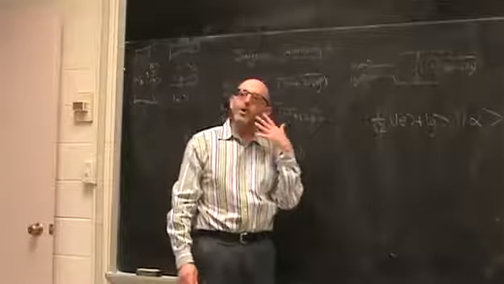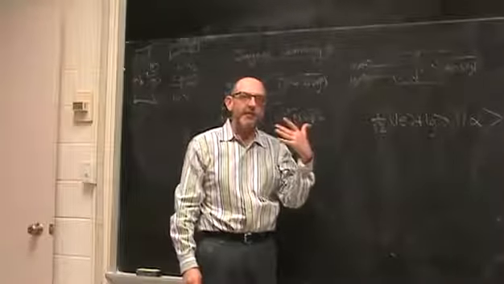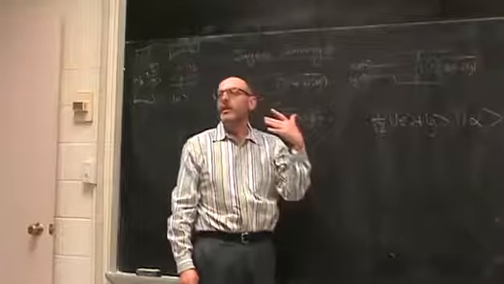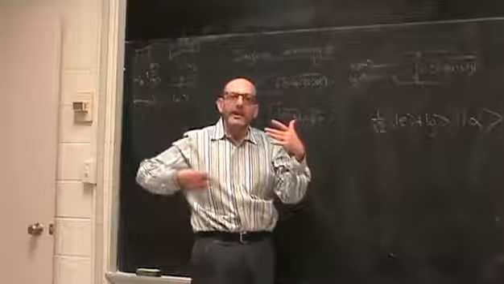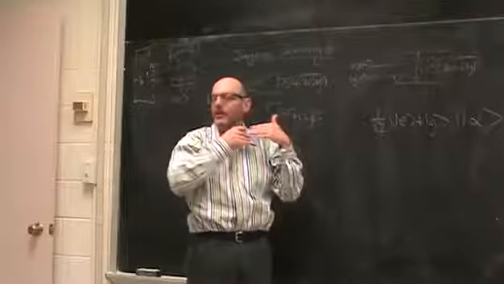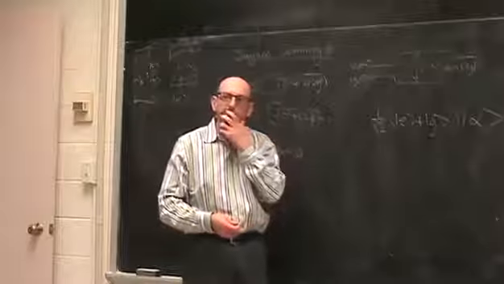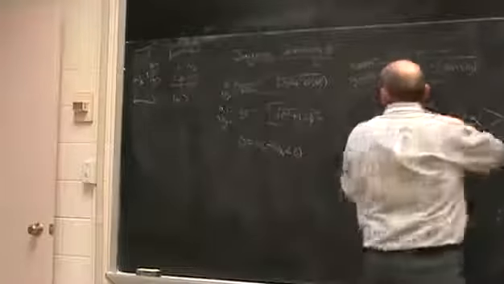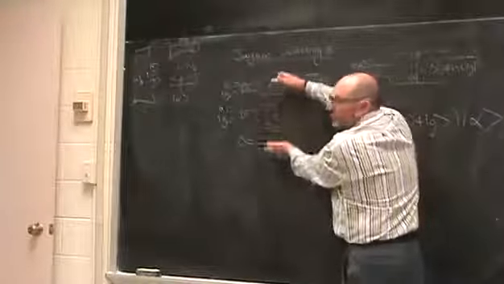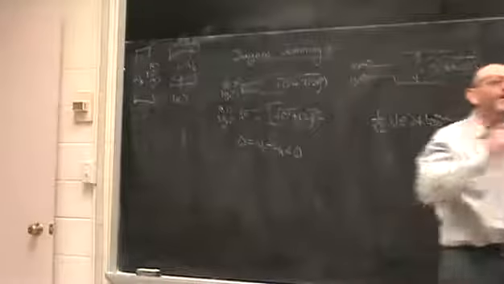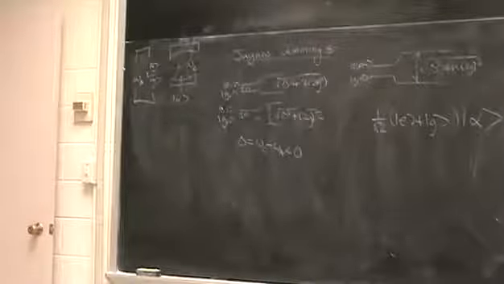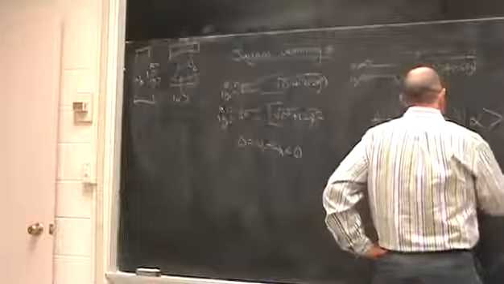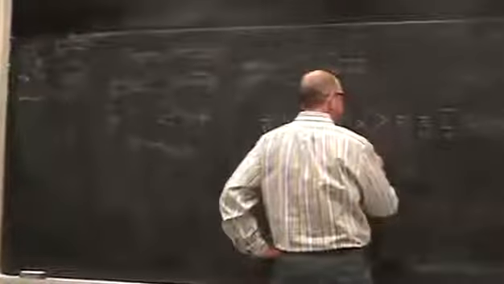There are no vacuum Rabi oscillations when the detuning is sufficiently big and the motion is sufficiently slow that I adiabatically follow. So I get an AC Stark shift or a light shift, a quantized light shift on each of these levels. And so what happens is that each one of these states picks up a phase.